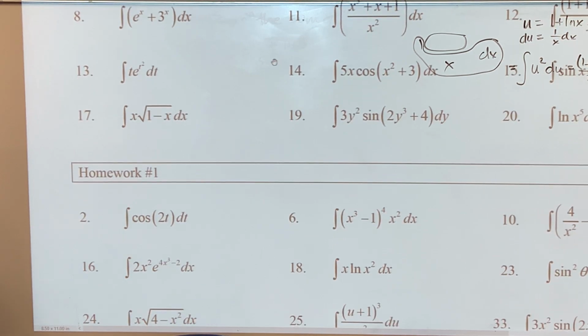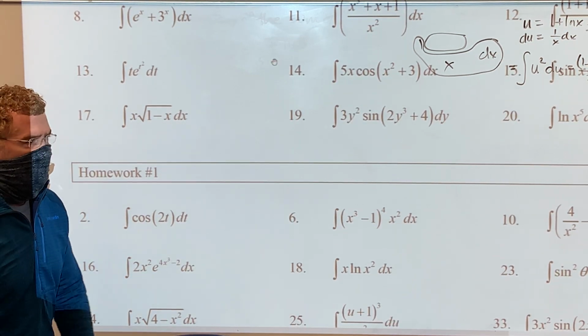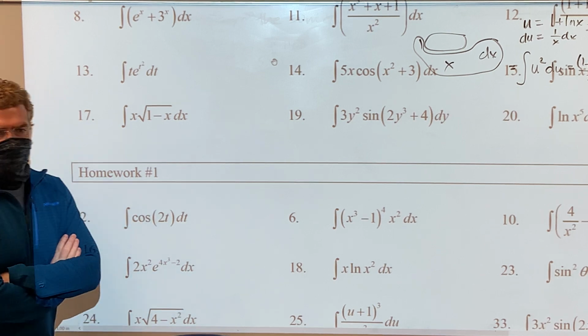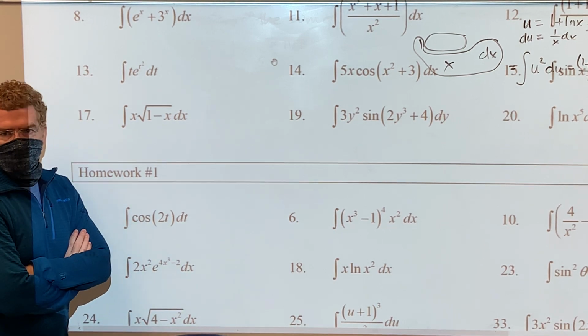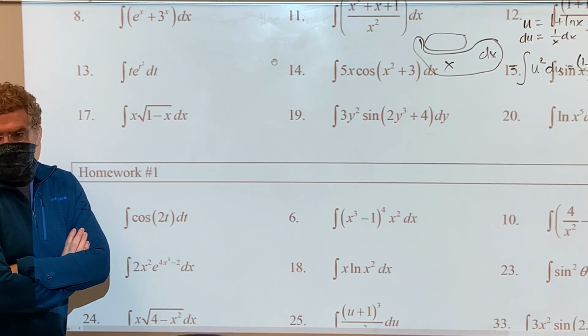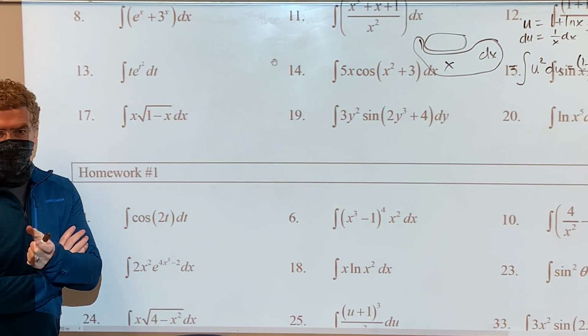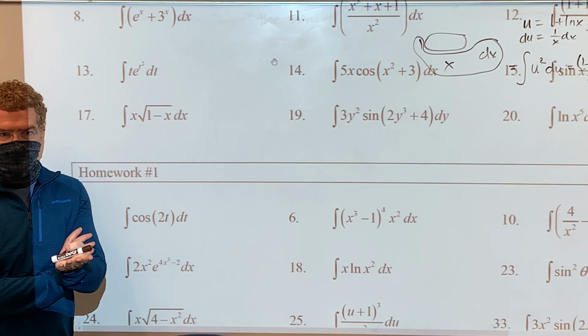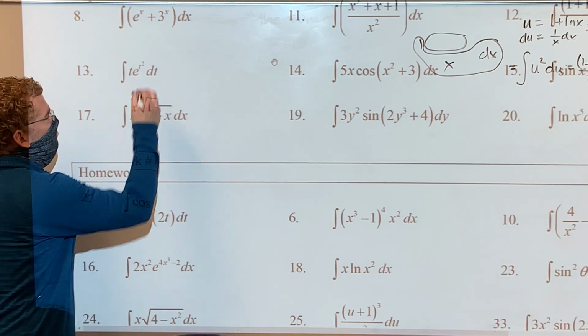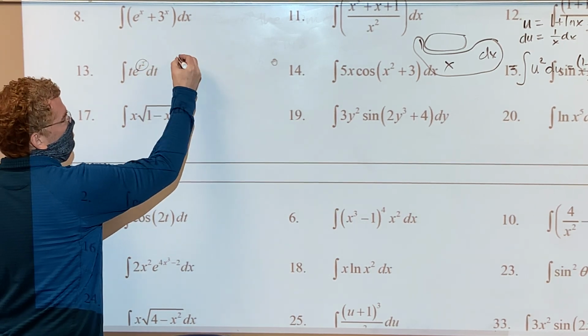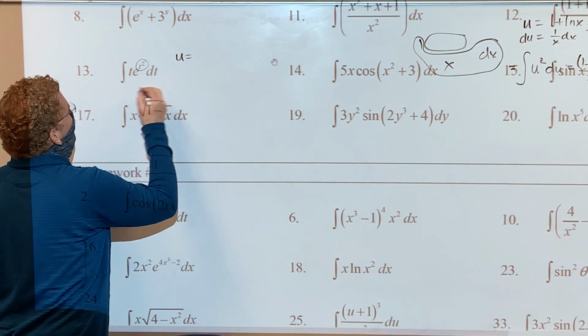What about 13? Yeah, so this is definitely not a rule, so it's going to require a u substitution. I usually gravitate towards the highest powered thing as a u, and that's going to work for me here. That higher power would be the t squared, but again, I'm just trying it, right? I'm not doing it.